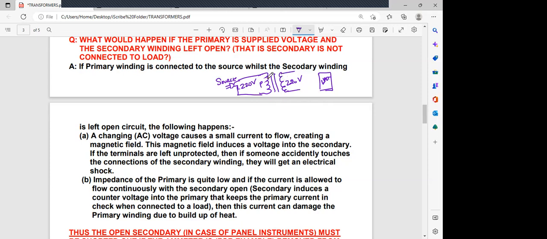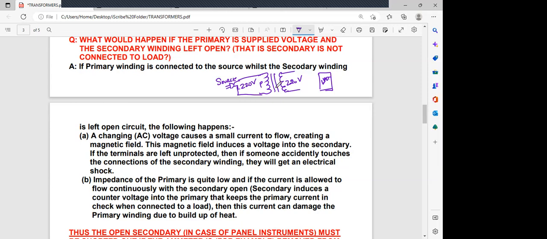It is because of the primary having a current flowing from the source that you have these electromagnetic lines of force. Likewise here, when it was connected to the washing machine, you had those electromagnetic lines of force mainly because of the current flowing through your secondary.